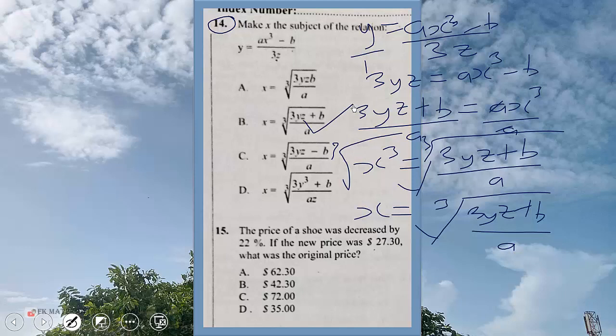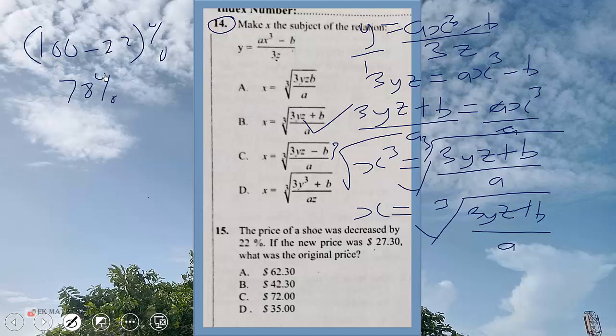The price of a shoe was decreased by 22%. So if the price was decreased by 22%, then the new price in terms of percentage will be 100% minus 22%, which corresponds to 78%.